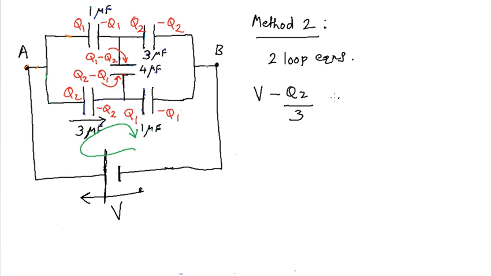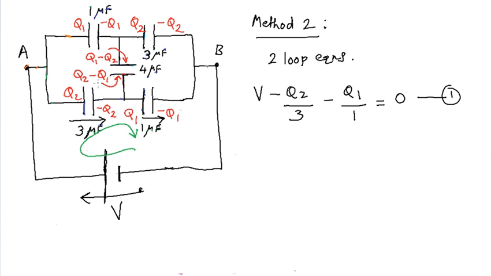Note that Q2 is in microcoulombs once again, so Q2 upon 3 will be in volts. And finally, when I go through this capacitor from left to right, the potential difference I encounter is minus Q1 divided by 1 microfarad. I have reached my starting point, so the total potential difference must be equal to 0. This is equation number 1.